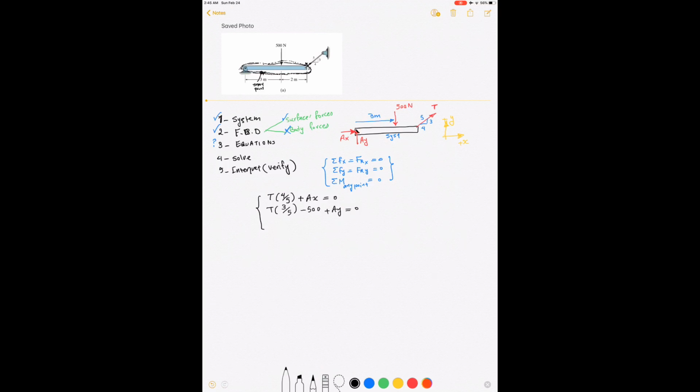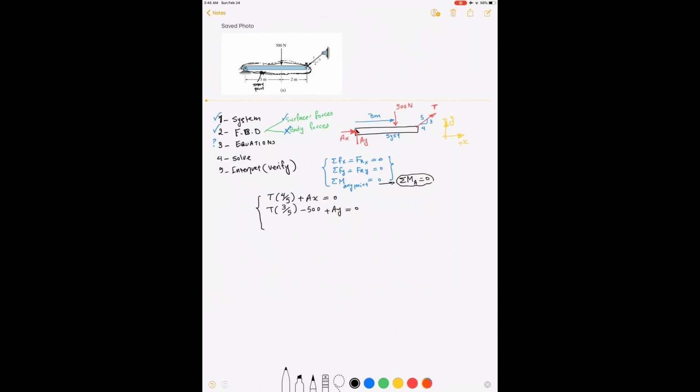So now let's choose point A as my center point for moment. The summation of moment around A should be 0, right? The secret is you try to choose a point that most of the forces are going through, so you eliminate the forces coming from the unknowns.